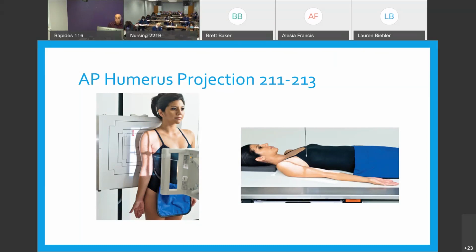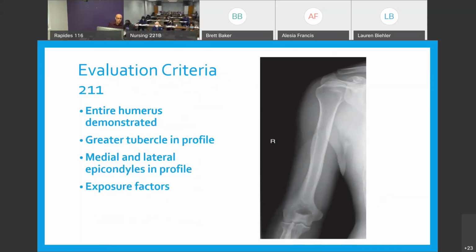Okay. All right, evaluation: entire humerus is demonstrated. Yes, greater tubercle in profile. Here it is right here. Y'all see this little white outline right there? That is your greater tubercle in profile. Medial and lateral epicondyles, look, here they are down here. So again, you know the elbow, right?